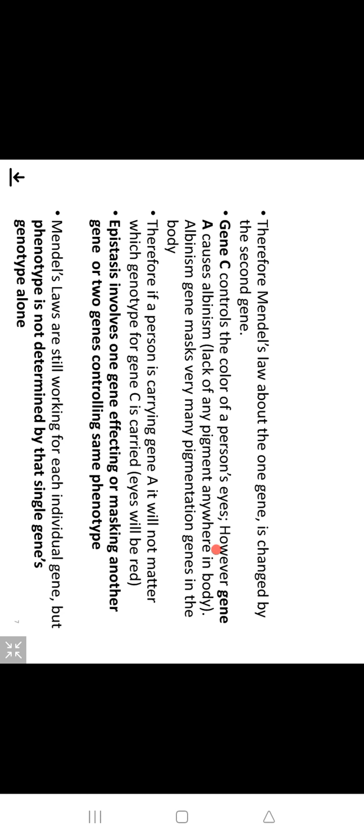So you find that the eye color will still be masked, and the eye will never show any pigment. They'll actually appear some orange. They'll take the color of the blood or something like that. So the albinism gene masks many pigmentation genes in the body. So you can say the albinism gene is actually epistatic over, it controls other genes in the body.